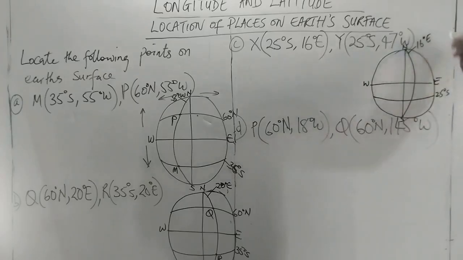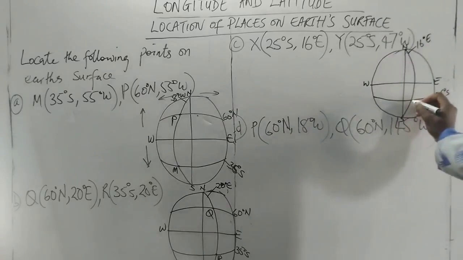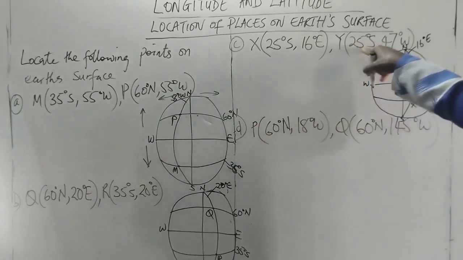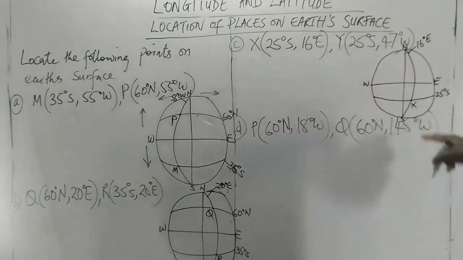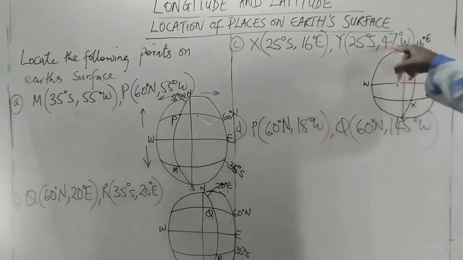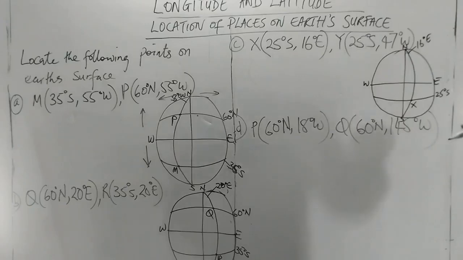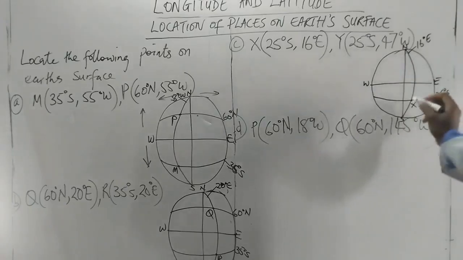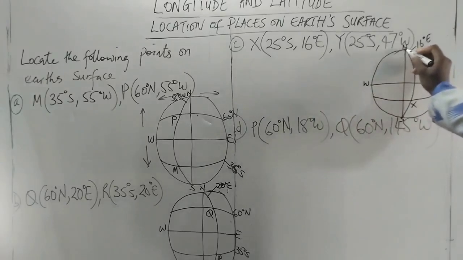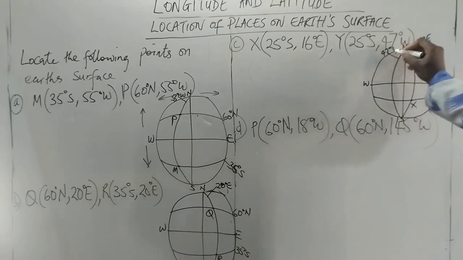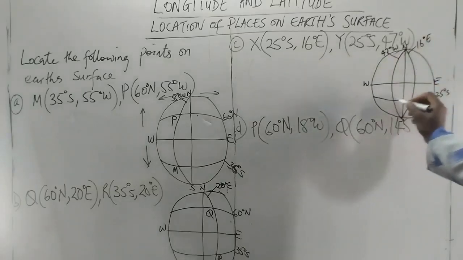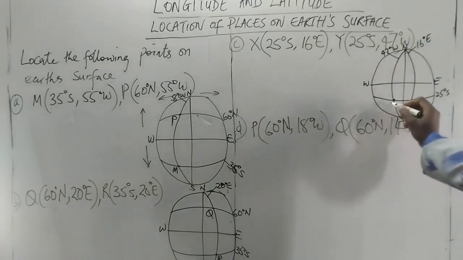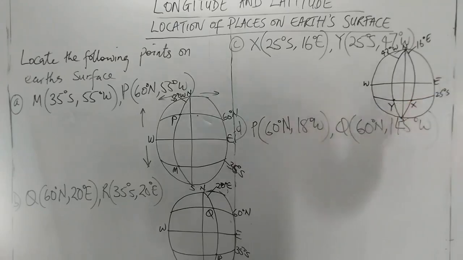So where the 2 lines meet becomes our X. Then the next one, 25 degrees south. We have already drawn that. 47 degrees west. So this is west, this side. Now, where the 2 lines meet is here, and that becomes our Y. That is the diagram.